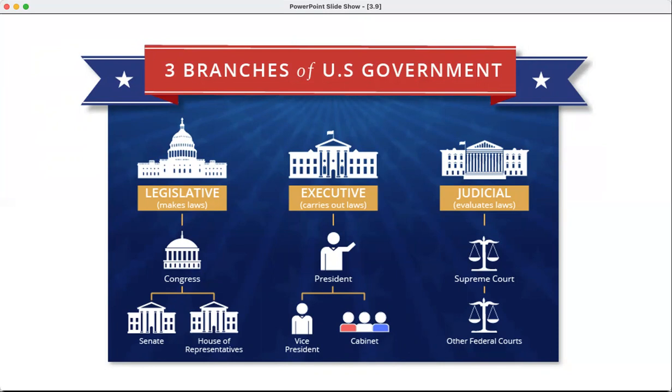It may be inappropriate, it may be unwise, it may be immoral, it may be even illegal, but it is not necessarily unconstitutional. We are going to dig into tons of examples of this as we go forward in US history.